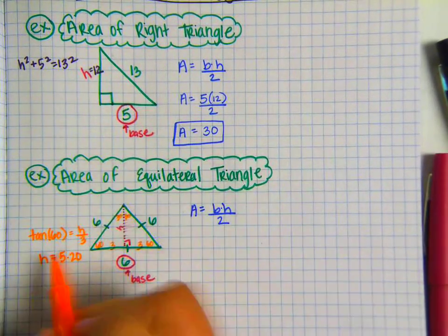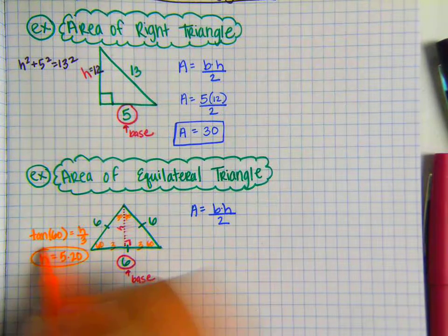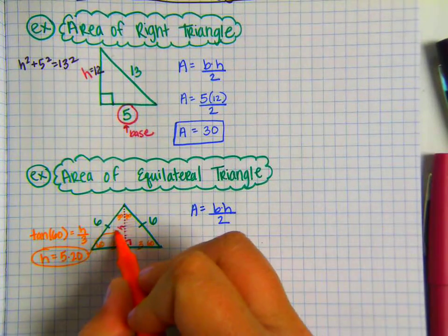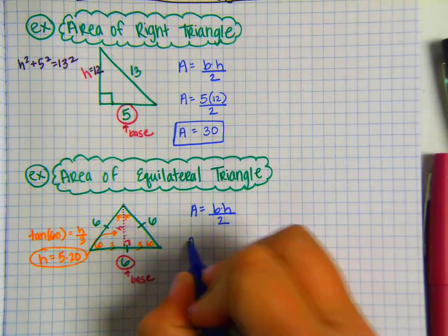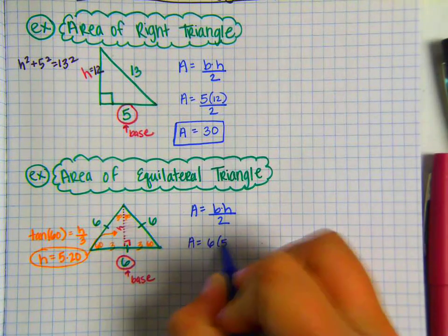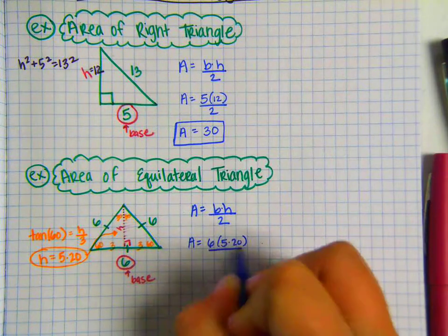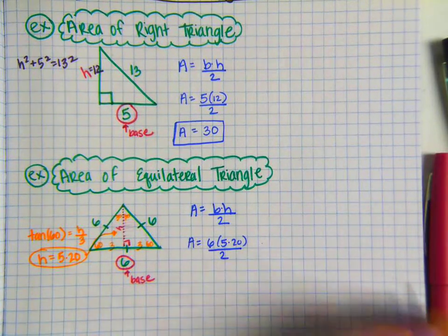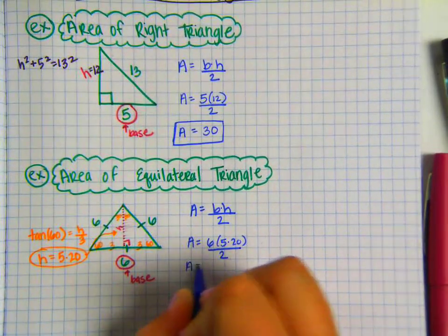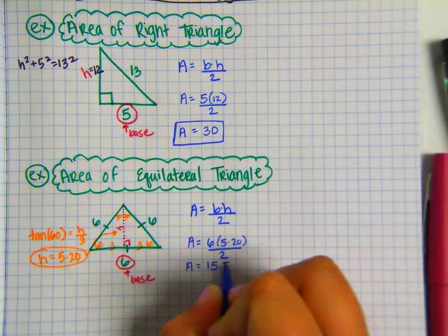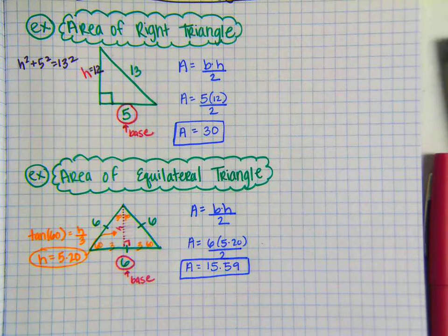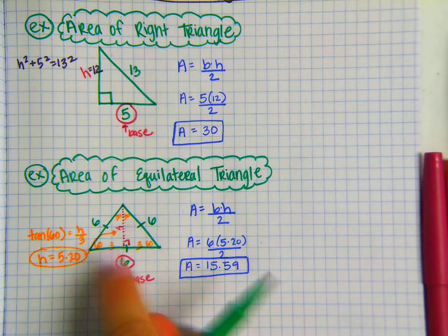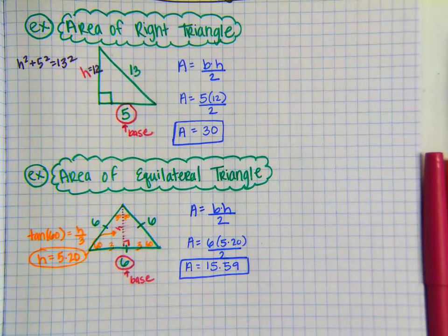That's our height. Now we can plug that in. Area is 6 times 5.20 divided by 2. And when you put that in your calculator, 15.59 is going to be our area. So the trick here is to remember that you need to use trig to get those values.